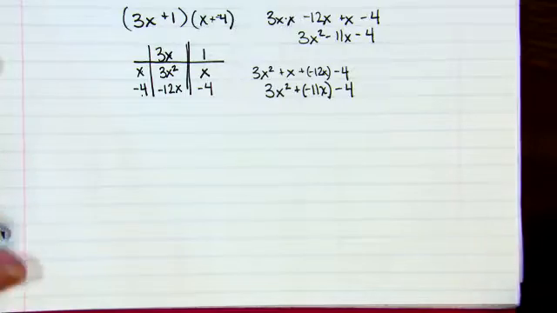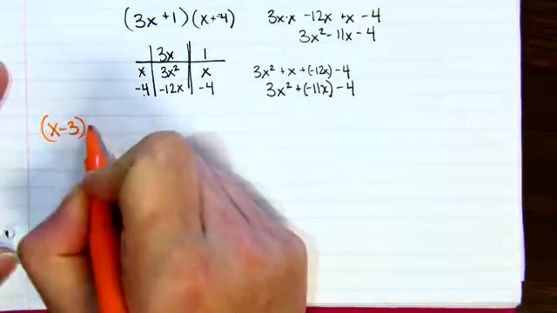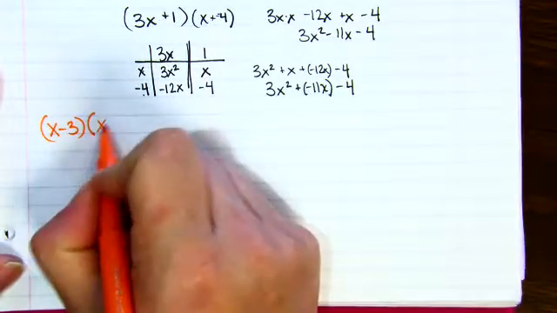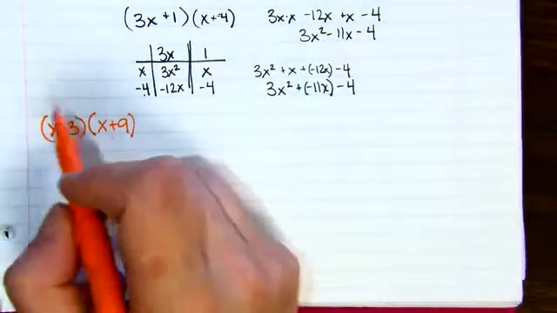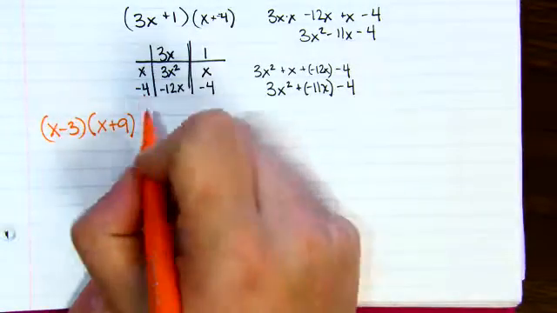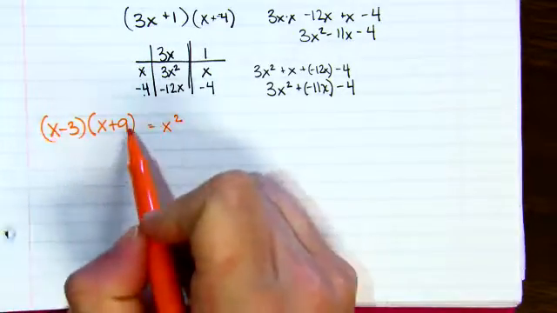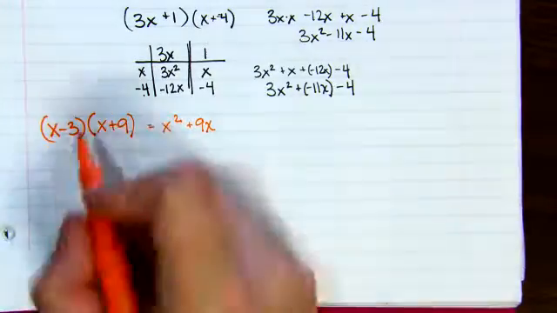I'm going to do more using FOIL. If I had x minus 3 times, how about x plus 9? If I wanted to use the FOIL method, first is x times x. That's x squared. Outside is x and a positive 9, which is 9x.